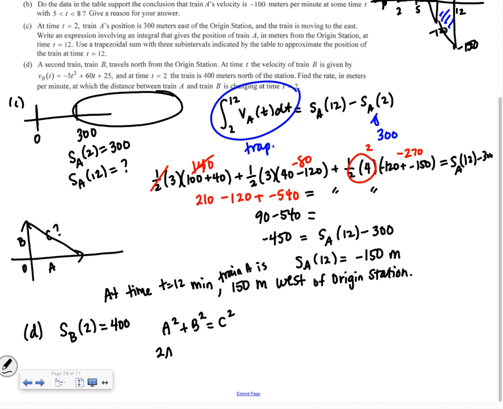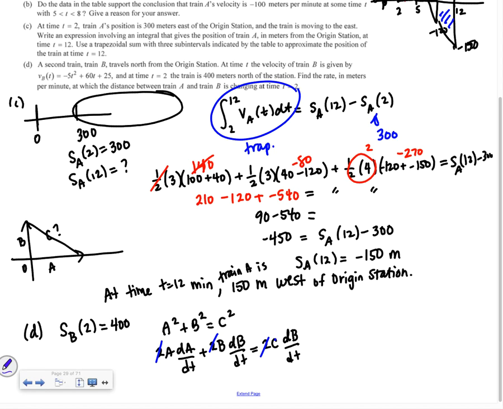So when I do 2A dA over dt, it's a related rates problem. Do you all recognize related rates? We've done several of these. The reason we know is because it's talking about the rate in meters per minute, so it's per time, which gives you a clue. This is a hard question, though. And we can divide out by 2 everywhere, so the 2's go away.